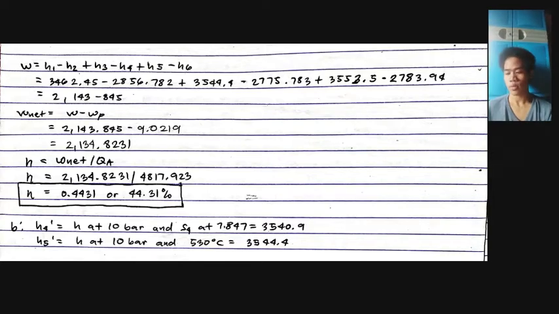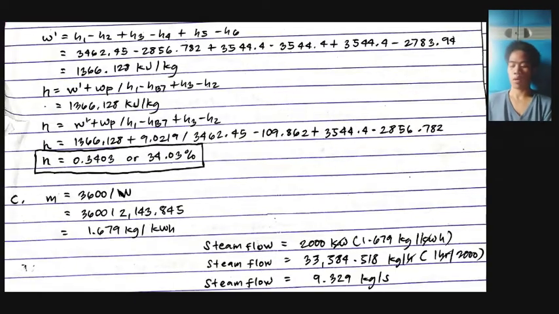Okay. Next, B. H4 equals H at 10 bar and S4 at 7.847, equal to 3540.9. And H5 equals H at 10 bar and 530 degrees Celsius, equal to 3544.4. The formula for that is W equals H1 minus H2 plus H3 minus H4 plus H5 minus H6.